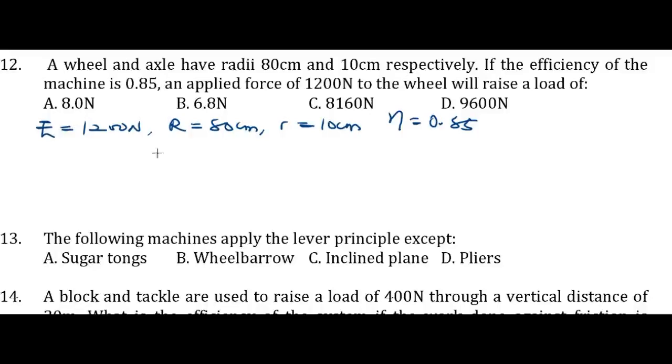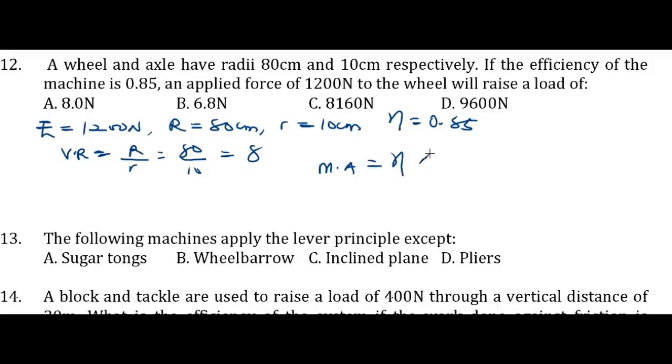Okay. Now, velocity ratio in a wheel and axle is big R over small r. That's the radius of the wheel over radius of the axle. So here I will simply say 80 divided by 10, and that is 8. So mechanical advantage, we are required to find the load, alright, but I need to find my mechanical advantage first.